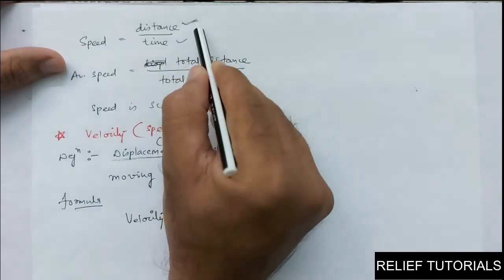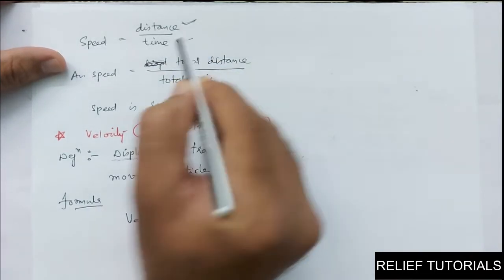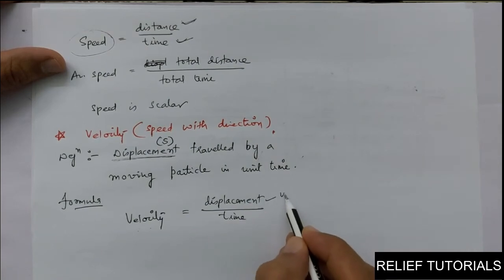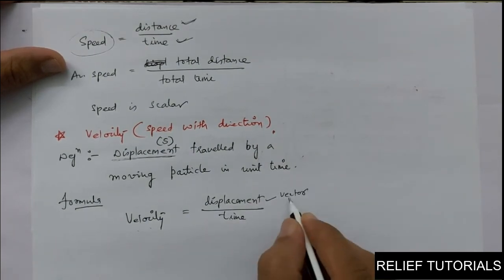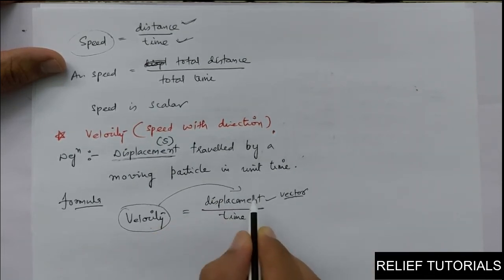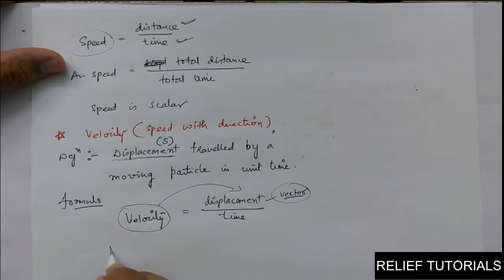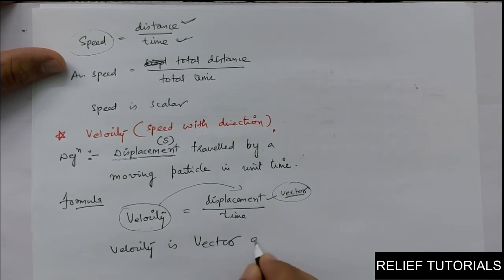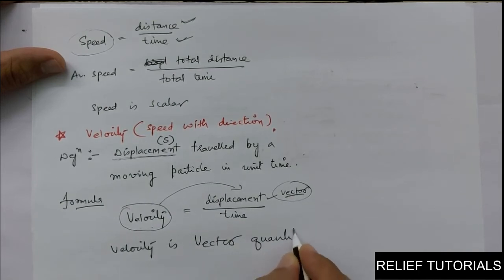Distance is a scalar quantity, time is a scalar quantity, so speed is also a scalar quantity. But displacement is a vector quantity. Time is scalar but displacement is vector. So velocity depends on displacement, which is a vector. So velocity is a vector quantity.